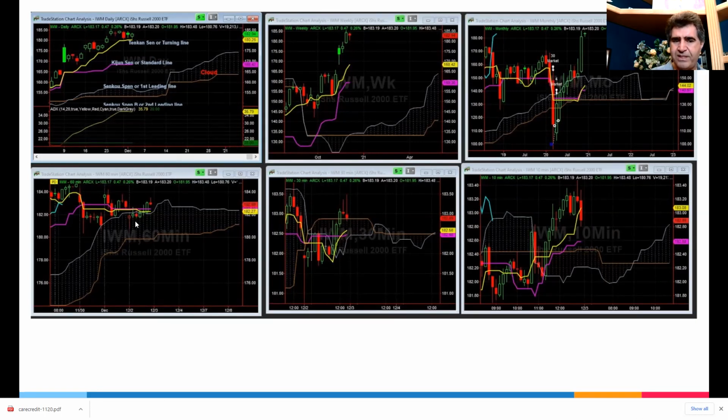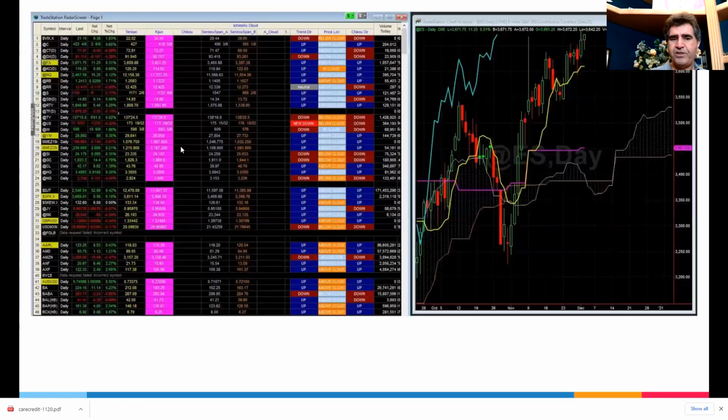If the 60 minutes, for instance, is below the cloud, I wait for it to cross the cloud or cross the turning line, and then I get the confirmation. If the cloud is positive and I want to get more, then I want the 30 minutes and 10 minutes, mainly the 10 minutes, to be confirmed. So this is the visual of what I have. I also have a TradeStation.